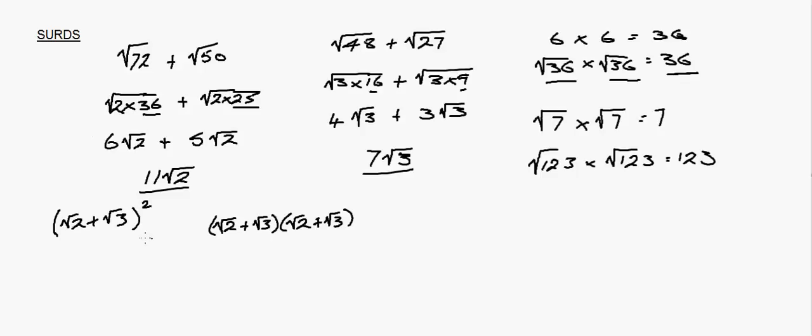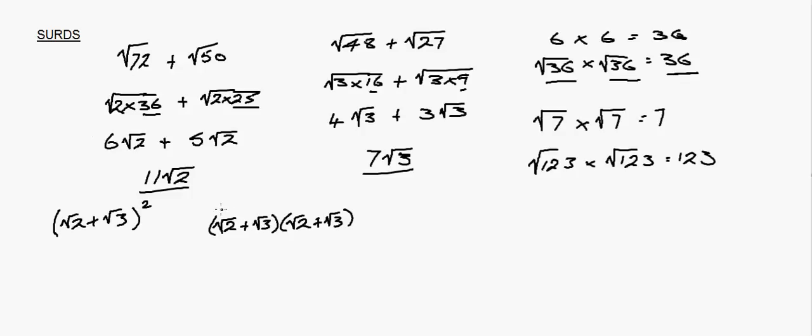Okay, examiners like to put it like this. It's neater and tidier, I grant them that, but it's just trying to add a little bit of confusion. If anything, squared is itself times itself. So root 2 plus root 3 all squared is just root 2 plus root 3 times root 2 plus root 3. So we expand these brackets exactly the same as we would quadratics.